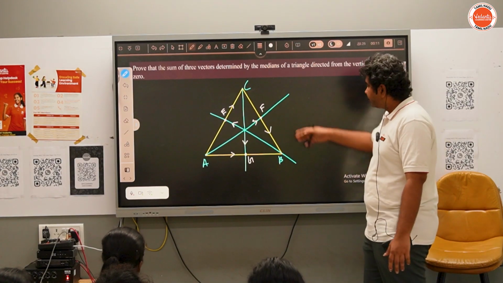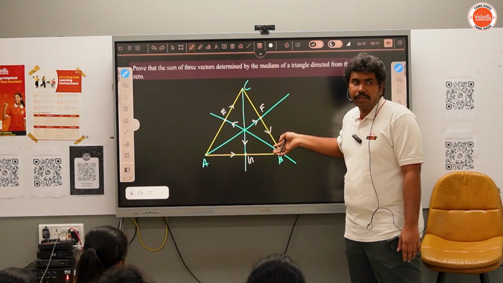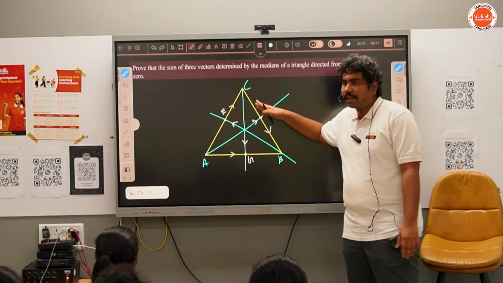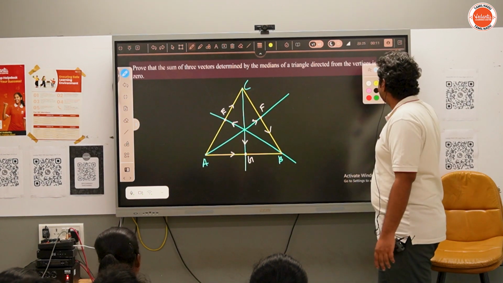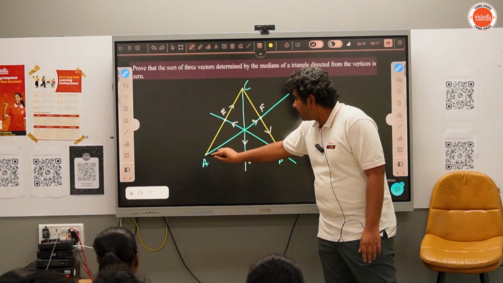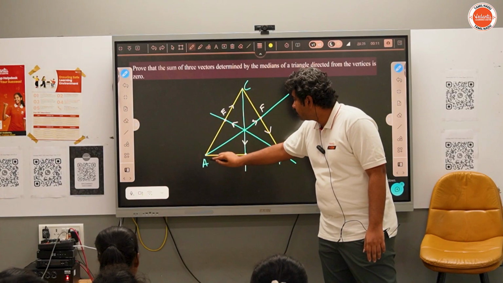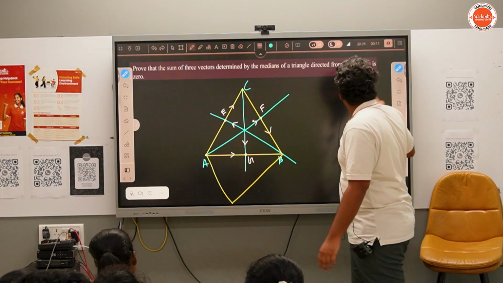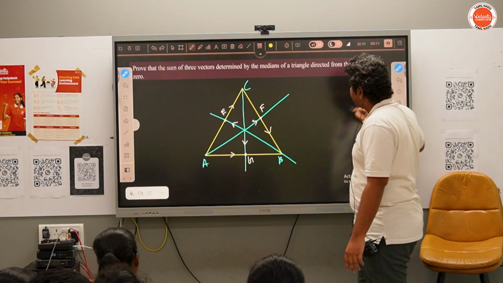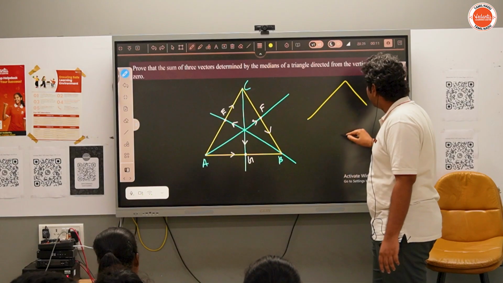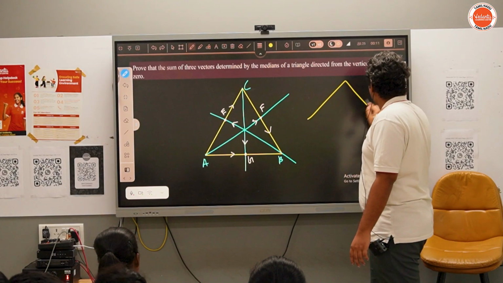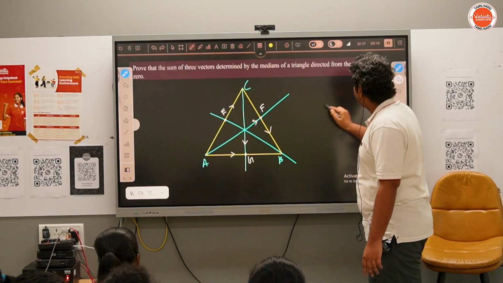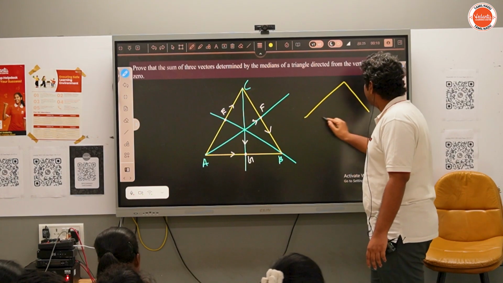So say for example, you just make a parallelogram. Okay, with these two sides, make a parallelogram. Okay, what happens? The way I am drawing, say for example, this is my triangle.